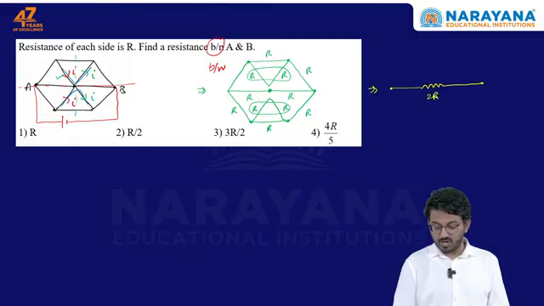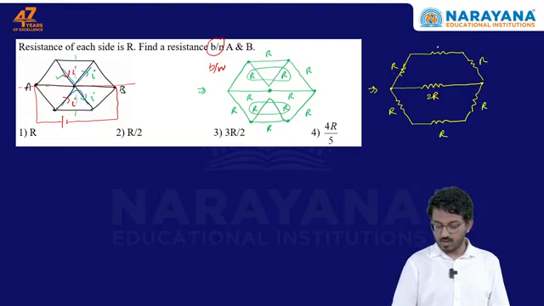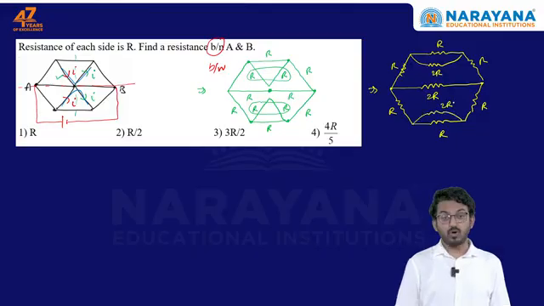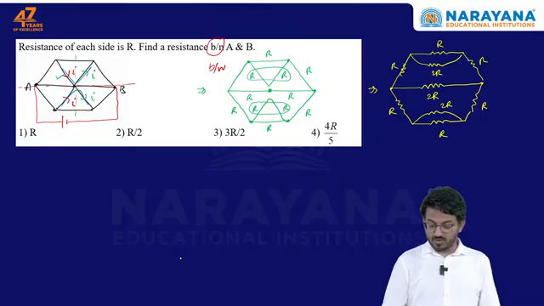So this base straight part becomes 2R here. So each of these is R, R, R, R, R, and R. This remaining part becoming 2R here and 2R here. So we can go further.